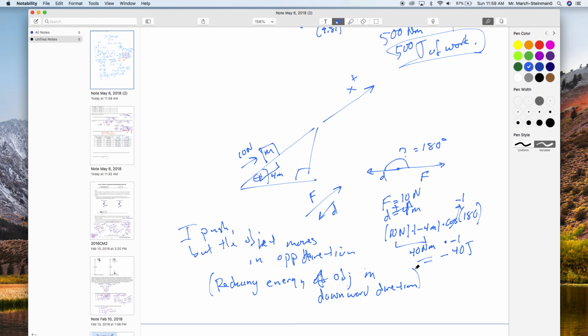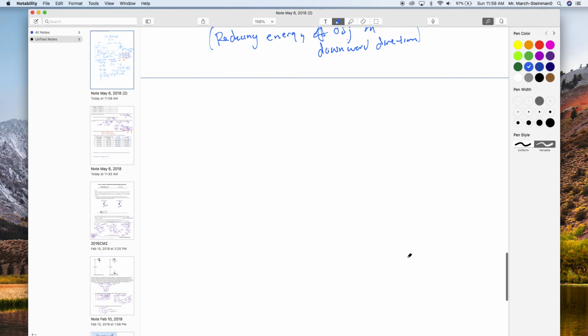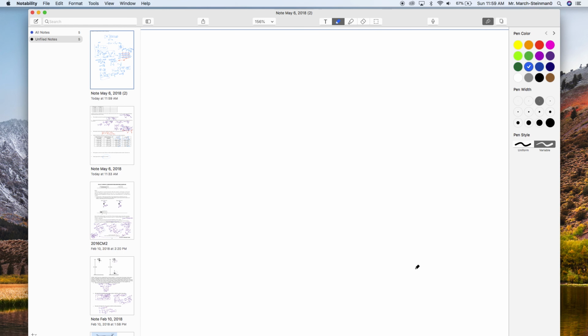There's one more idea that I want to pass along. What does it mean if I push down at some angle, let's say 30 degrees, on some block of mass m, and it moves 20 meters, and I applied a force of 100 newtons.